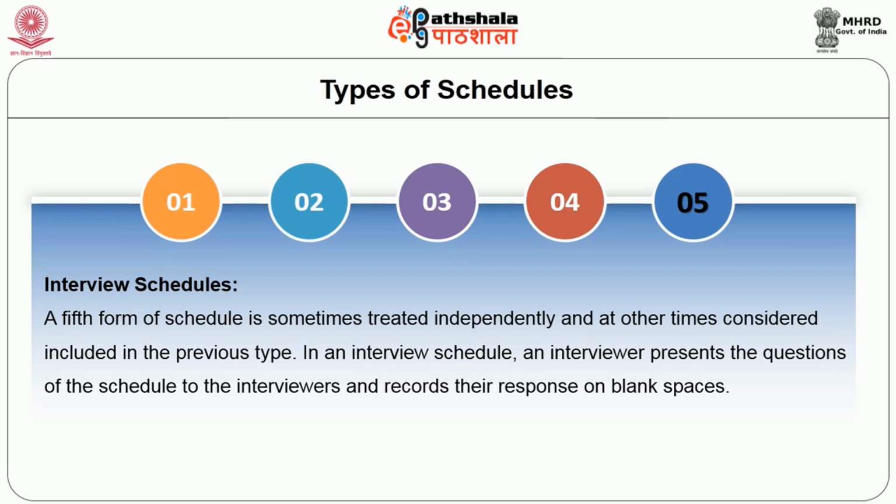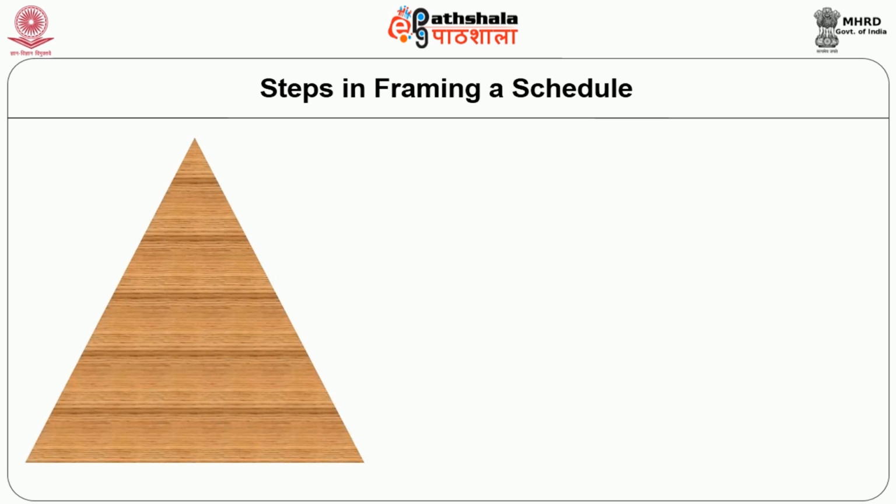A fifth form of schedule is sometimes treated independently and other times considered included in the previous type. In an interview schedule, an interviewer presents the questions of the schedule to the interviewees and records their response on blank spaces. Now let us move on to the steps in framing a schedule.